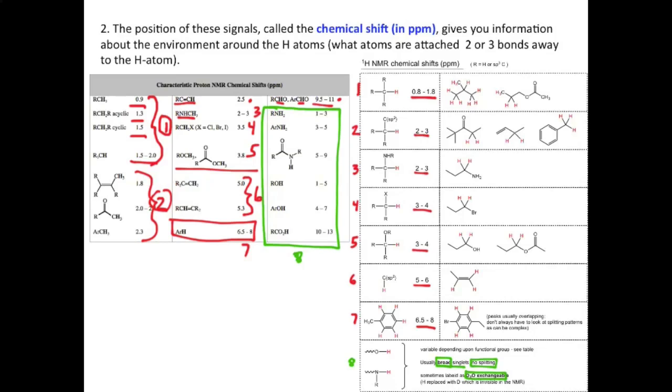So deuterium you will not see show up in an NMR spectrum, and we call that D2O exchangeable because the H on the heteroatom, the H on the O or the N, can be exchanged with D, which is invisible in the NMR. Okay, so this table is very important for you to understand and be comfortable predicting or understanding the chemical shifts. And I think my table does a very good job of summarizing this quite effectively.